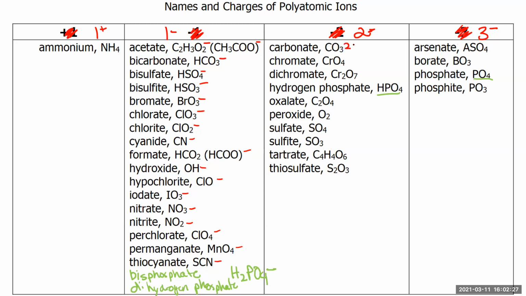Carbonate, of course, 2 minus, chromate, 2 minus, dichromate, 2 minus, even though it's got Cr2O7, still 2 minus. Hydrogen phosphate, 2 minus, oxalate, 2 minus, peroxide, 2 minus, sulfate, 2 minus, sulfite, 2 minus, tartrate, 2 minus, and thiosulfate, 2 minus. And then finally, we come over here: arsenate, 3 minus, borate, 3 minus, phosphate, 3 minus, and phosphite, 3 minus.